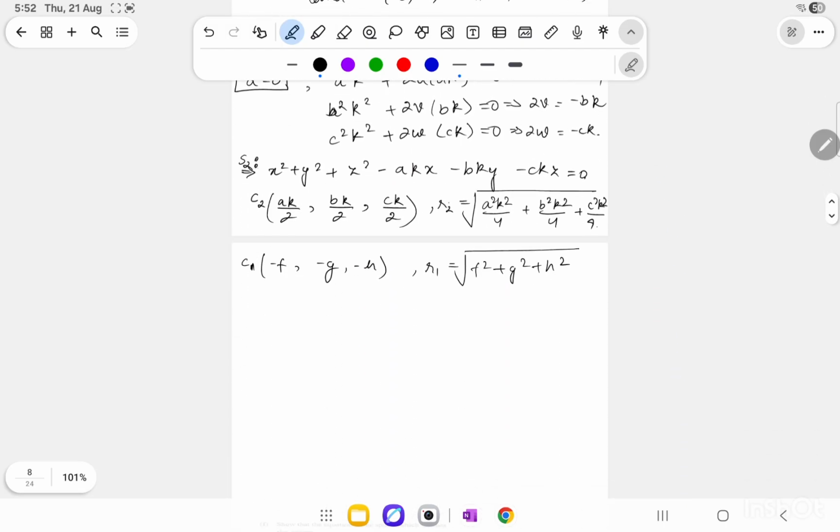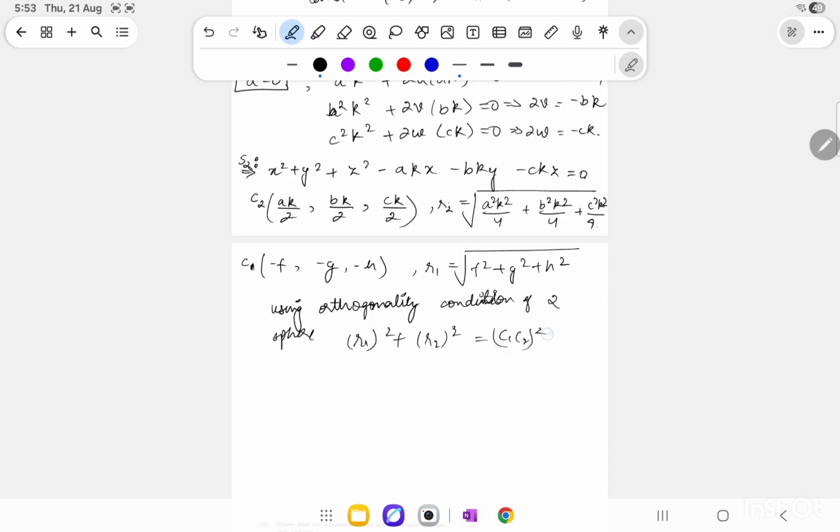So since we have the center and radius of both the spheres, using the orthogonality condition of two spheres, I'll get R1 square plus R2 square equals C1C2 square.